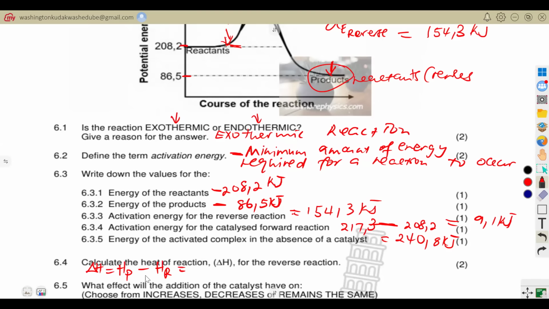That is how we calculate our delta H. So H of products is just 86.5 minus H of reactants, 208.2. This is in kilojoules. And then your answer there was going to be equal to what? Because for the reverse reaction, it does not matter whether it is catalyzed or uncatalyzed.